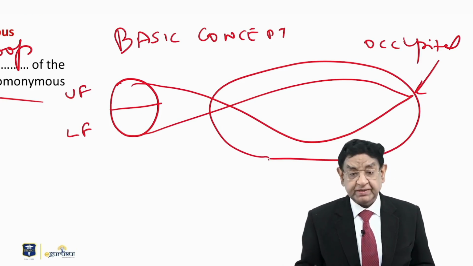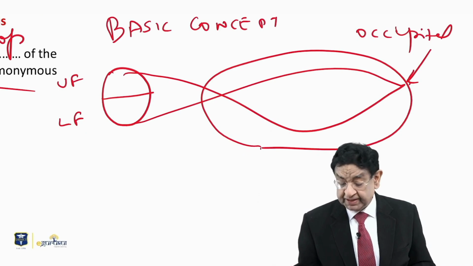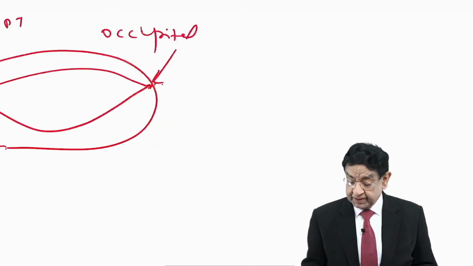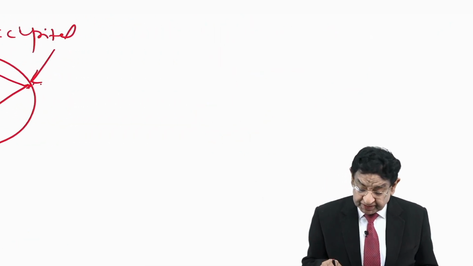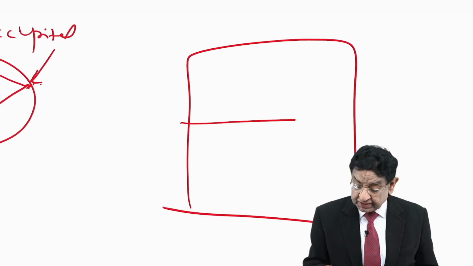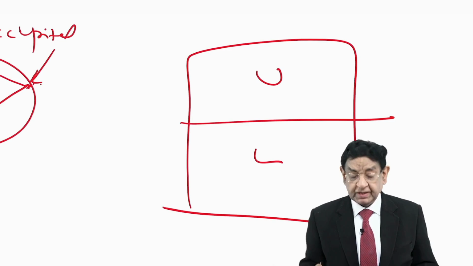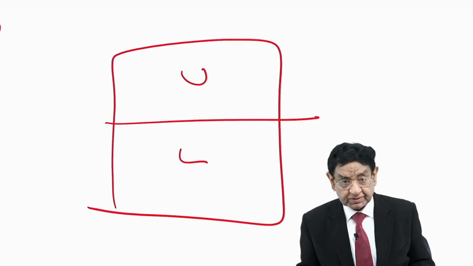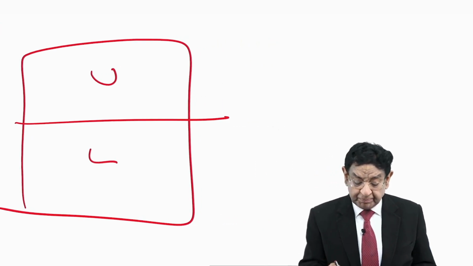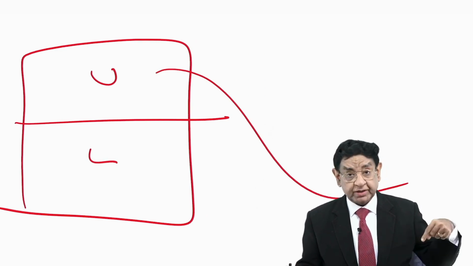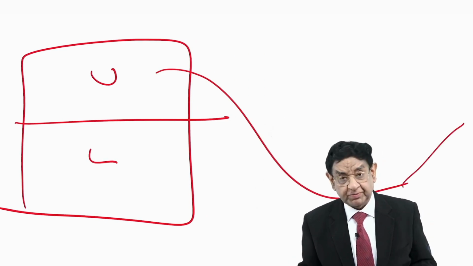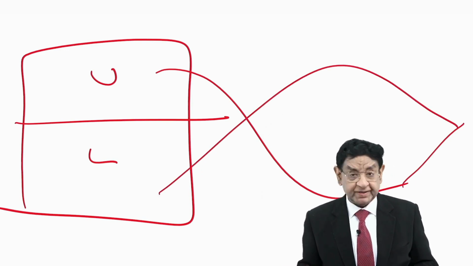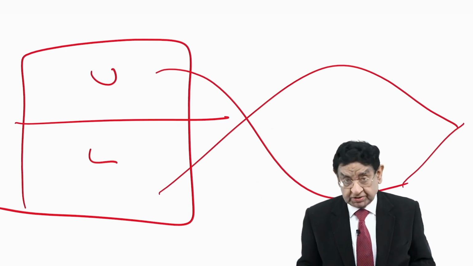The lower field fibers go via the parietal lobe and ultimately go to the occipital lobe. Let me give you a very simple example. This is the box, with an upper box and a lower box. You are watching this box, but the upper field goes via your temporal lobe to the occipital lobe, while the lower field goes through your parietal lobe and ultimately to the occipital lobe.